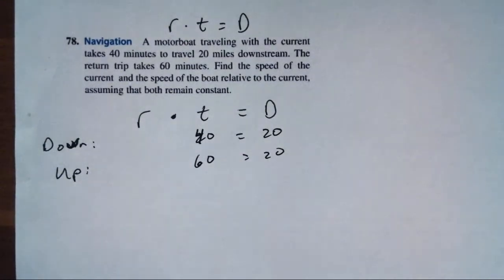If the current was 10 miles per hour and my boat was registering 15 miles per hour, it would actually be going 25. If the boat wasn't traveling at any speed by itself in a 10-mile-an-hour stream, it would be traveling 10 miles an hour. It would just be floating with it.